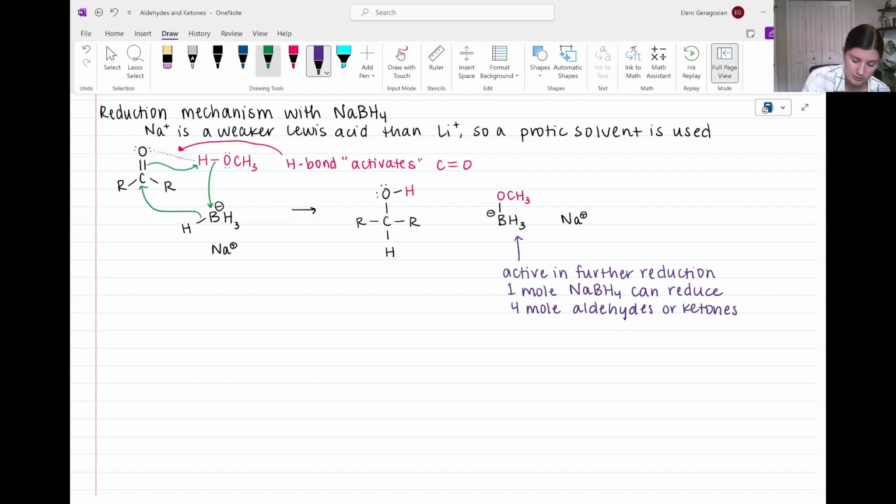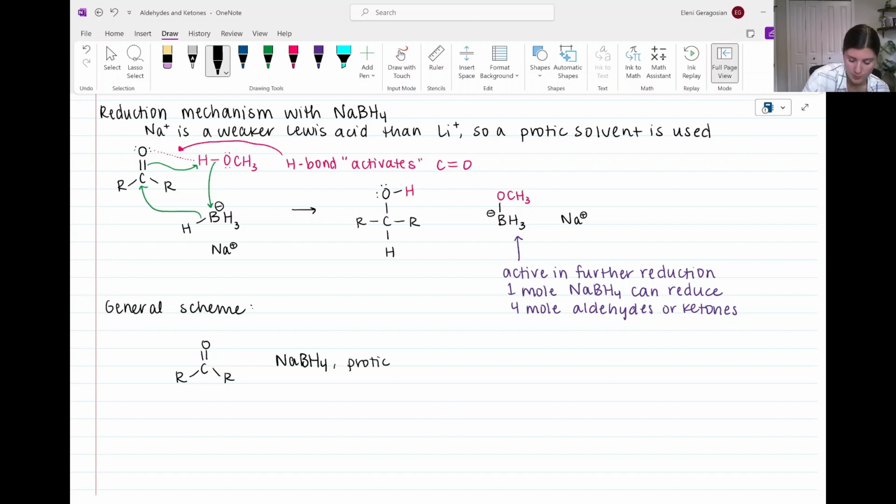So now let's write the general scheme here. This is the whole reaction. We've already produced our desired alcohol product. So the general reaction scheme here, we start with an aldehyde or ketone. We add sodium borohydride and a protic solvent.